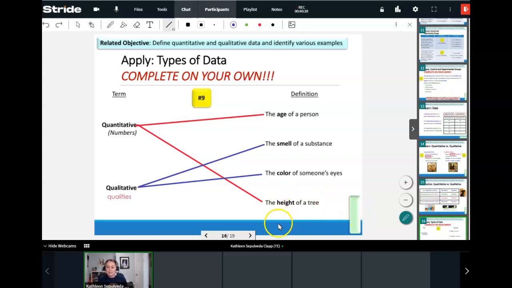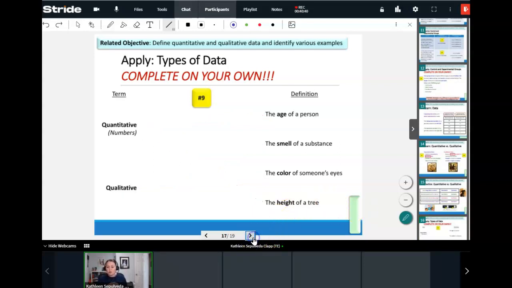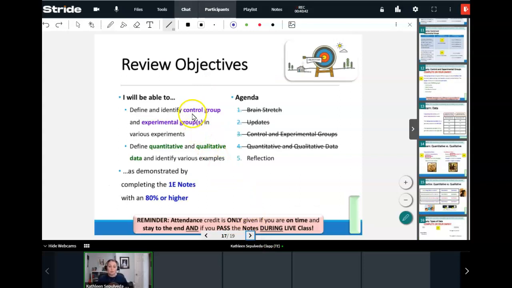All right, excellent job. At this point, we have completed our notes and we've defined and identified control groups and experimental groups. Remember, the control group is that zero, regular, baseline, normal, where the experimental group is everything else, and we're talking about only the independent variable.